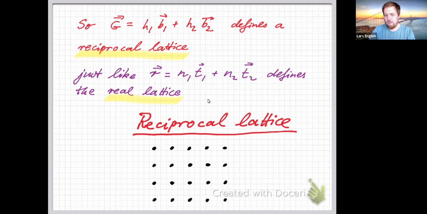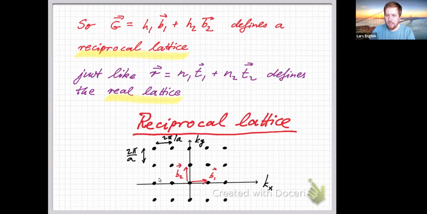Here the spacing is 2 pi over a, not a, but 2 pi over a. And the reciprocal lattice here is generated by the basis vectors b1 and b2. What's nice here is that a square lattice in real space results in a square lattice in reciprocal space as well. So this here is also a square lattice. The separation is different. It's not a, but it's 2 pi over a. But it's the same type of lattice we're dealing with, the same structure.